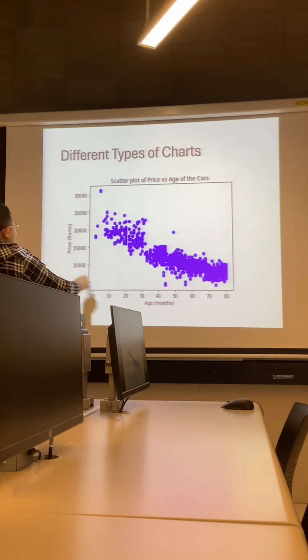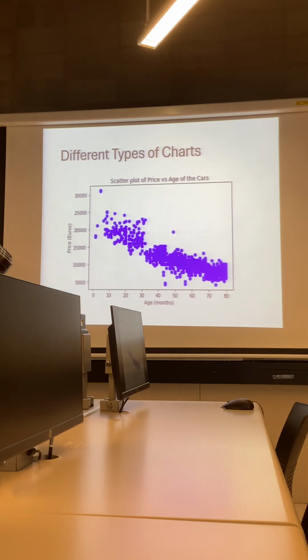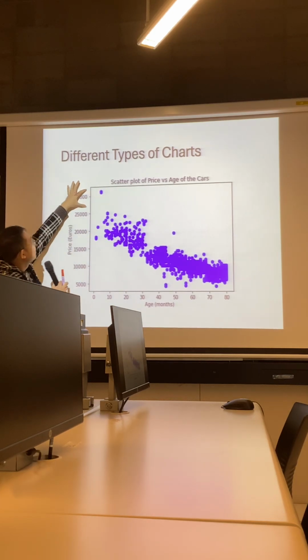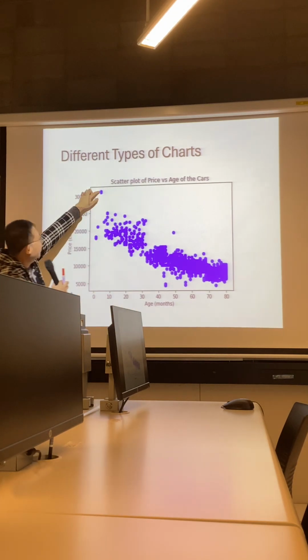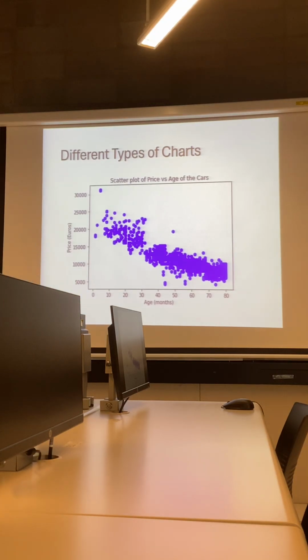At least you have the newest car, around 0 until 10, maybe 5 years. So if you have more money, you can have a newer car. From this scatter plot, you can see there is a dot here that is very specific, the outlier, and then you can drag down to only 5 something. Good.